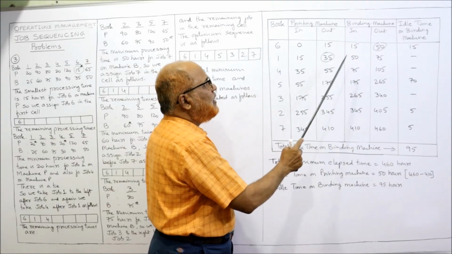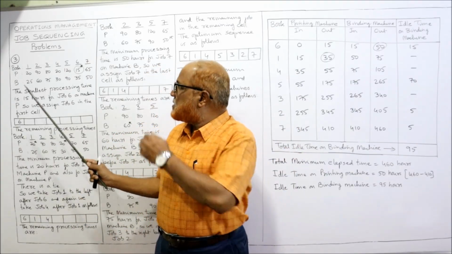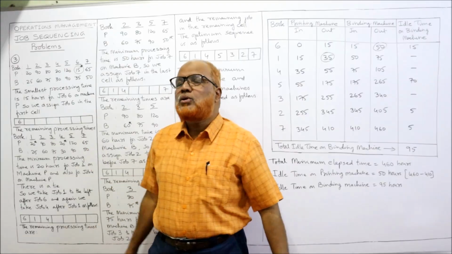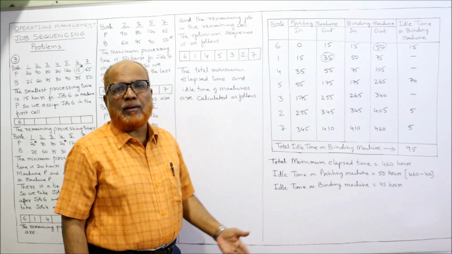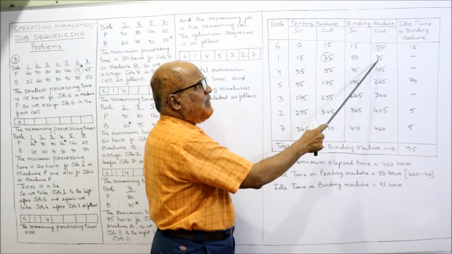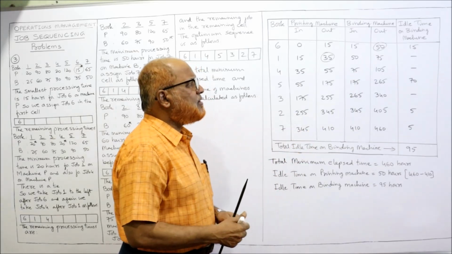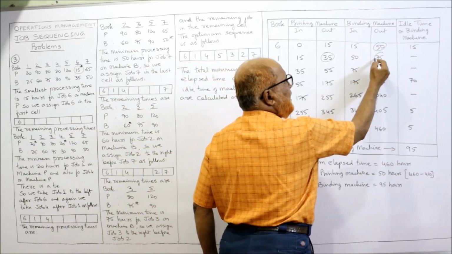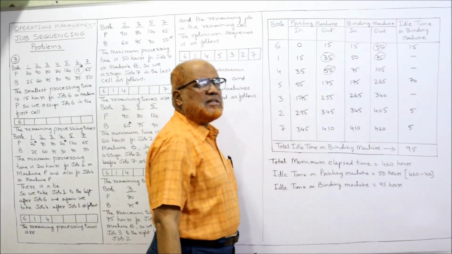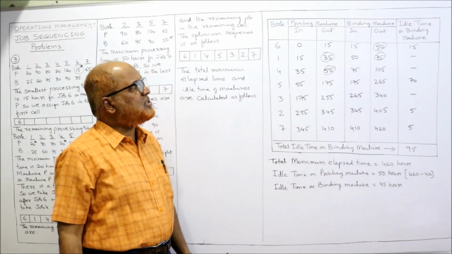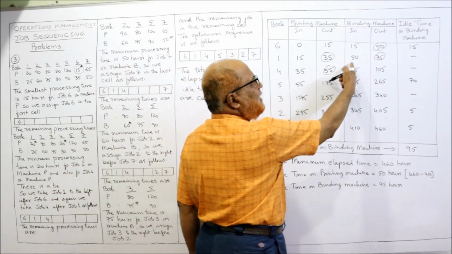First book binding, 25 days. Now we add up. 50 plus 25, 75. Now you compare 75 or 55, whichever is higher. That will be the starting in time. So 75 is high. So here there is no idle time.